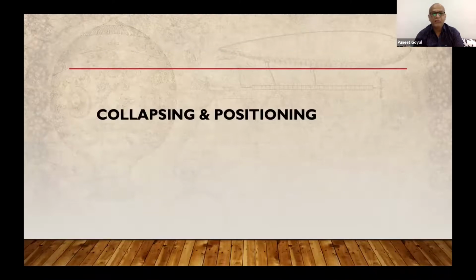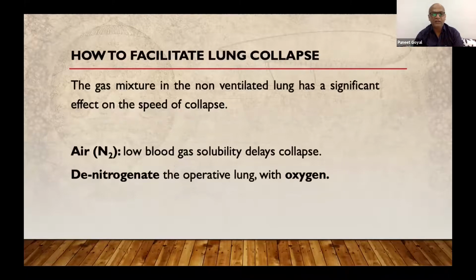Then how to perform the collapse and positioning of the patient. The one thing one should remember is, whenever you are going to initiate one lung ventilation, before collapse of the lung, ventilate with 100% oxygen. Denitrogenate the operative lung with 100% oxygen, because if you ventilate with air, it will have a low blood gas solubility and it will delay the collapse.